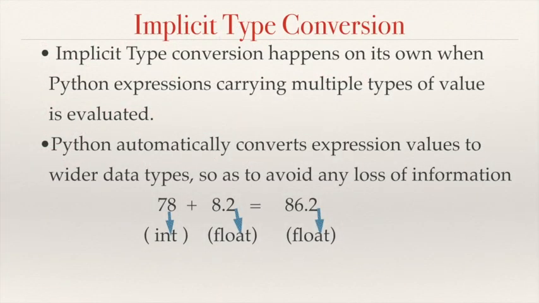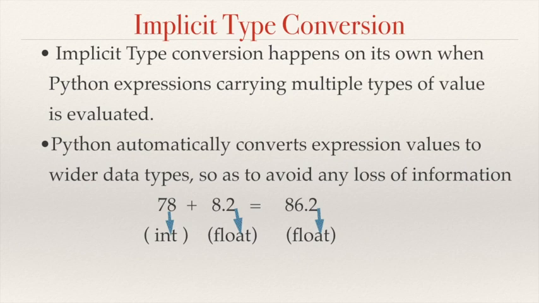Now, as we have seen explicit type conversion in our previous example, let us proceed to implicit type conversion. Implicit type conversions are those data value conversions which the Python compiler does on its own so as to prevent any information loss. It happens mostly during mathematical expression evaluation when multiple different types of values are present in a single expression.